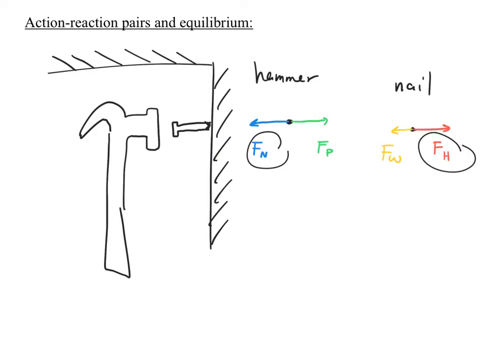The wall itself is not an action. The wall itself pushing back would not be considered an action. It's a great question. Remember the paragraph for that one, because Newton's third law says all forces come in pairs.